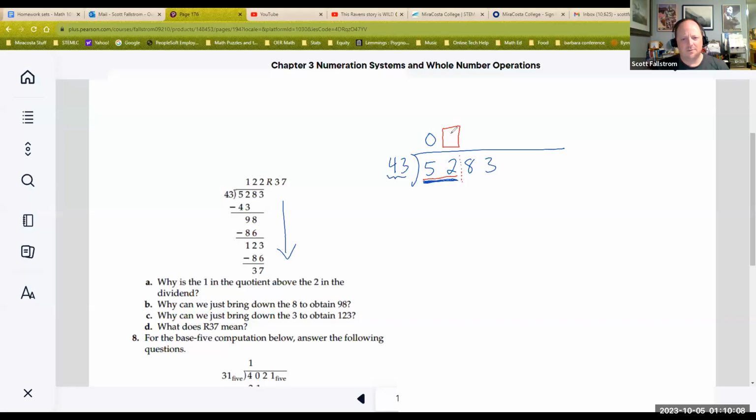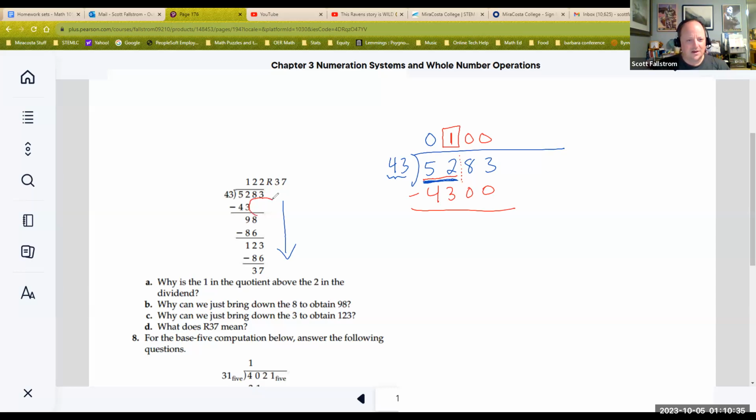So I could see one of them. When I put a 1 here in this place value, which is above the 2 in the dividend, 1 times 43 is really representing 4,300. So if I was doing this initially with students, I probably would write out that I really do have 100 of them, because 100 times 43 is 4,300. That's what's really happening in this algorithm.